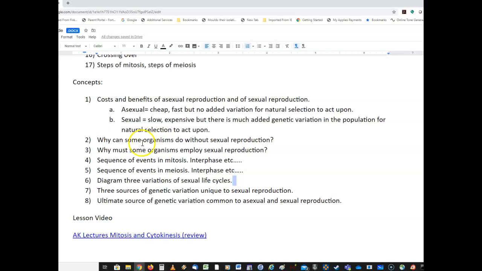Anyway, why can some organisms? A lot of small organisms have very short lives and very, very short generation times. Think of bacteria, in minutes. Think of a lot of eukaryotic protists, where it just may be a few hours to make a new generation, like yeast and stuff like that. Those organisms reproduce so quickly.